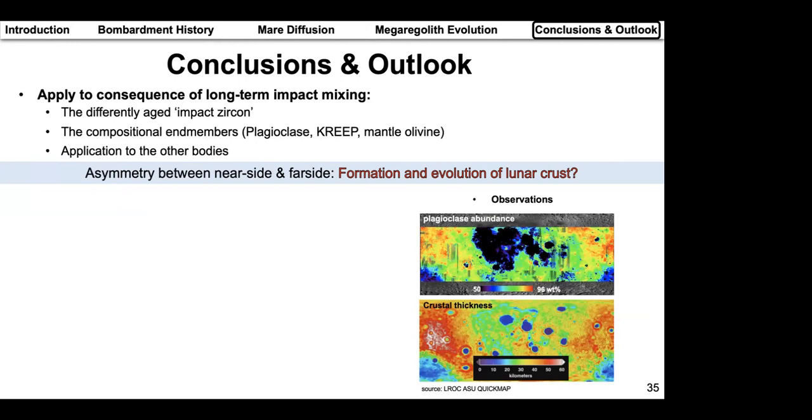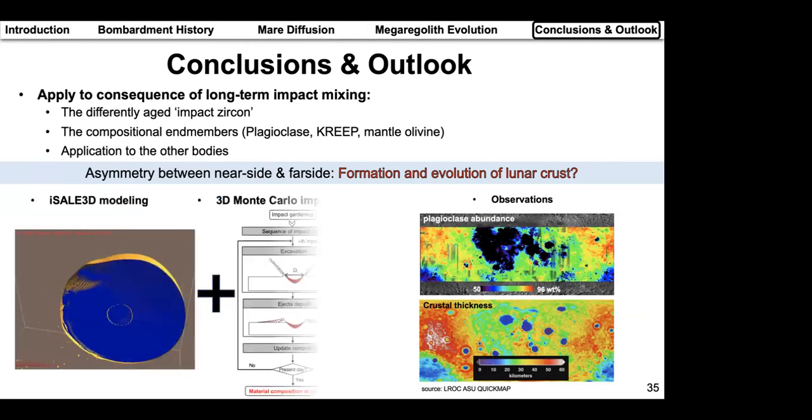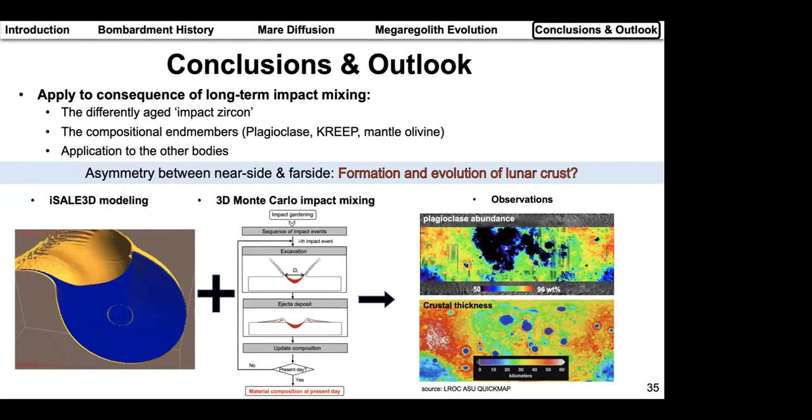What we can do now is combine the isotope modeling results with the Monte Carlo impact mixing model to repeat what we see on the present day. If we can repeat that, then we can say what happened in the past and how the lunar crust evolved with time.